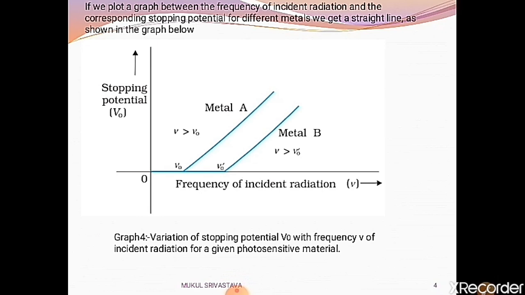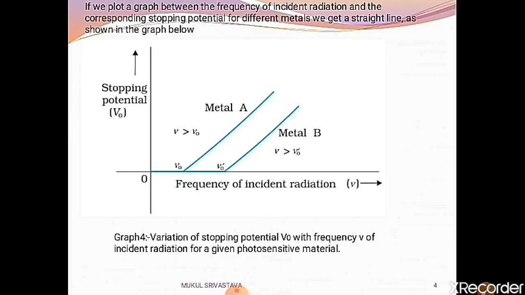Again for metal B, for the cutoff frequency nu naught dash, the stopping potential is again 0. Now from this graph we get the information that the maximum energy of the photoelectron varies linearly with the frequency of the incident radiation, and it is independent of its intensity.